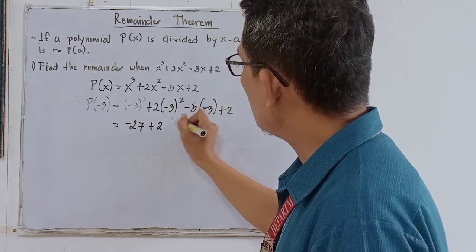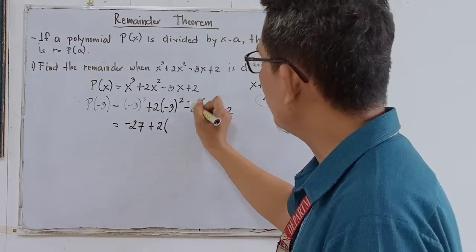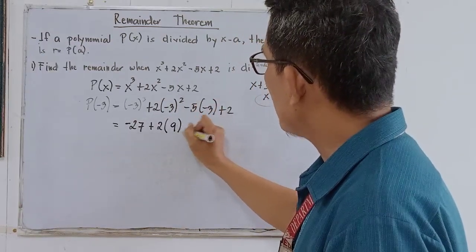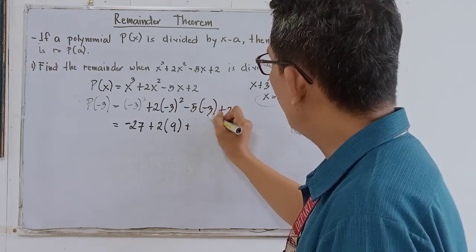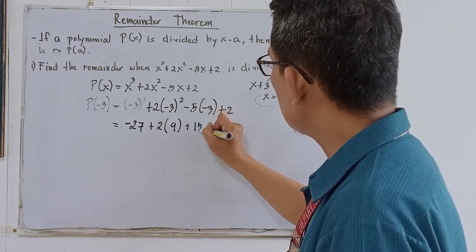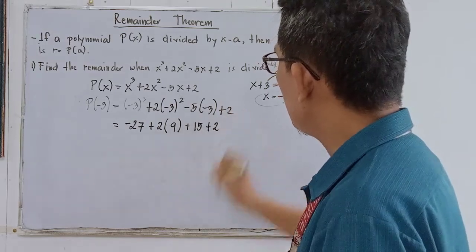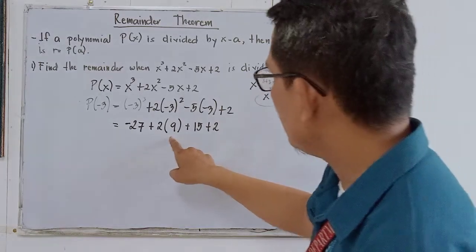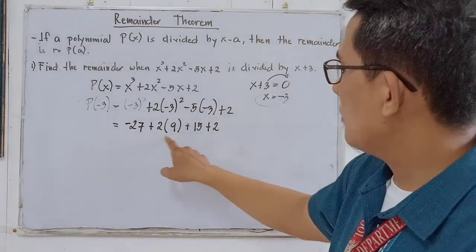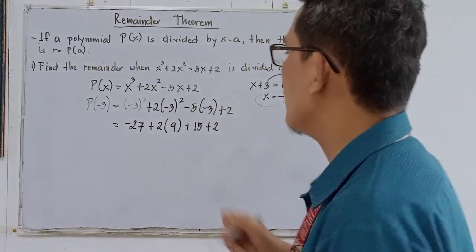Then plus 2, we simplify first this one: negative 3 times negative 3 is positive 9. Negative 5 times negative 3 is positive 15. Then we copy 2. We simplify first so that after simplifying, we will only have addition and subtraction.